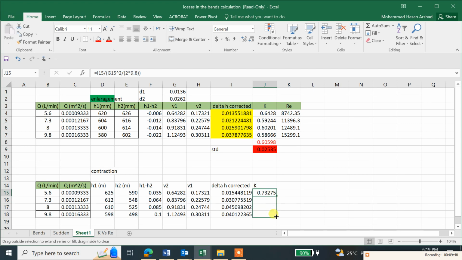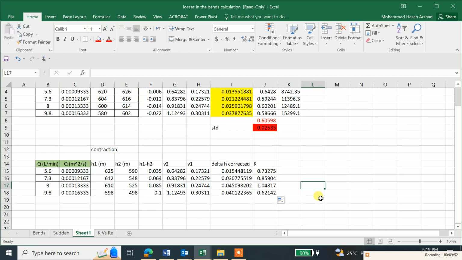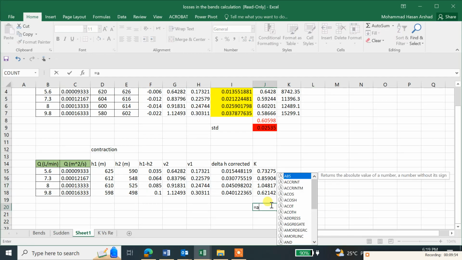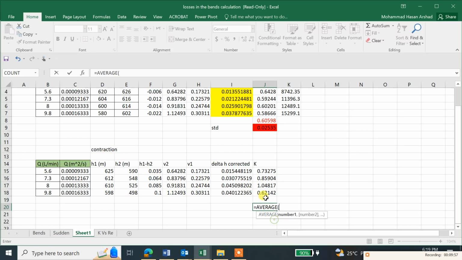So this is the loss coefficient for contraction. Here we have a little bit more deviation, but we expect this one also should be constant, right?